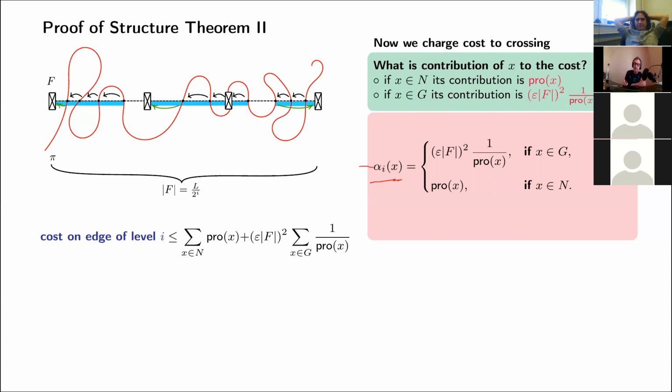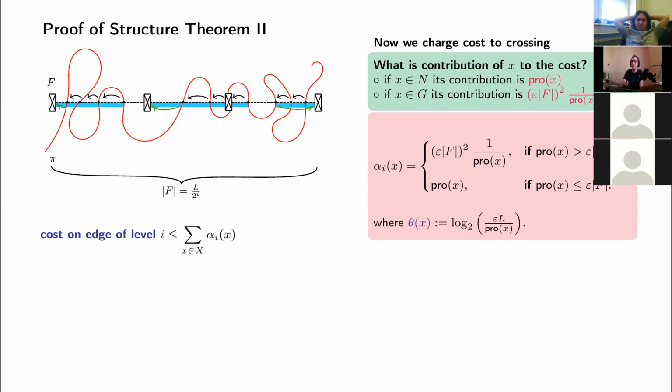And what I want to do is put these alpha i's here. I can do that. But let's now use this definition of what it means that this crossing is in the great set, and what it means if it is in the near set. It's basically that this pro of x is large or small. So I've put it here, and now I can put these alpha i's here.